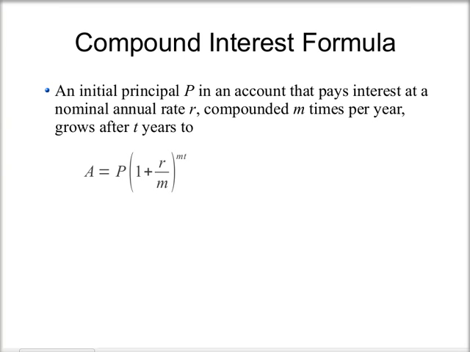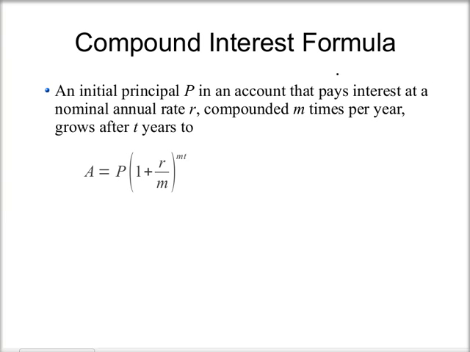If instead of the periodic interest rate you just want to use your nominal annual rate R, you can use this formula instead, where it's given in terms of R and m. So the amount you'll have after t years is given by P times (1 plus R over m).